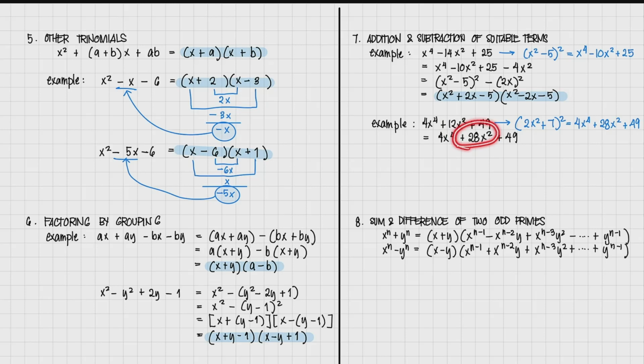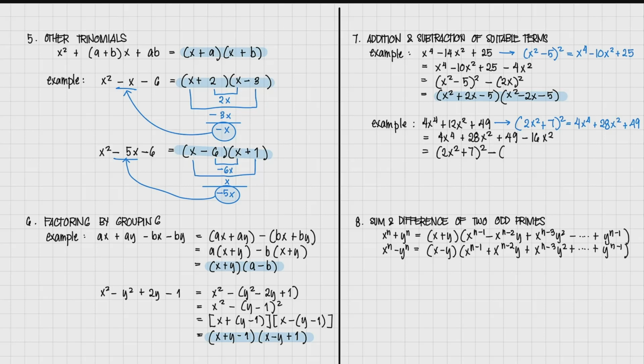And this one is positive 28 times x raised to 2. So, minus natin siya by 16. So, minus 16x raised to 2. So, now we could write this down as 2x squared plus 7 squared.